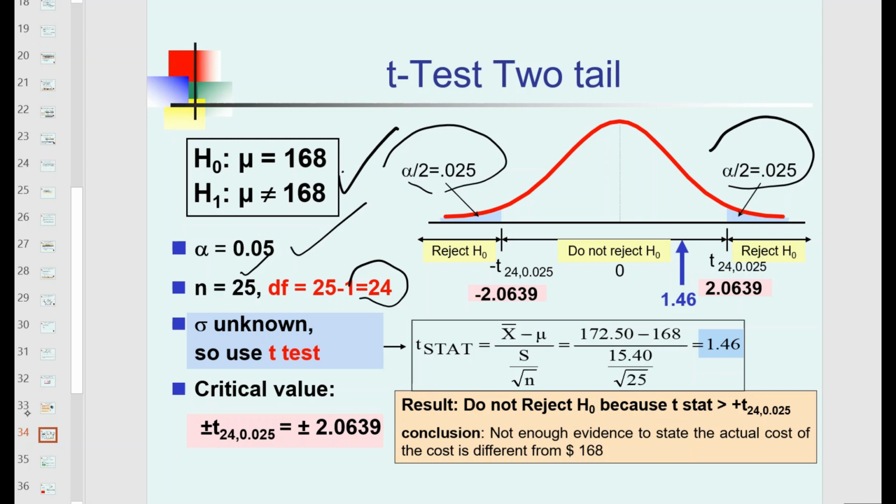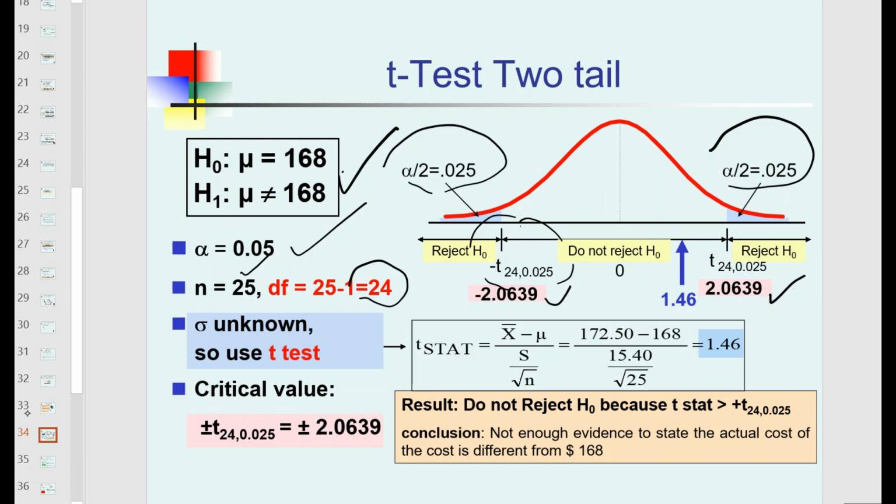How do you get this? This is the critical value that you get from your T table. This is your df, this is your alpha, so you can refer to the T table and you should be getting this value. I'll skip the explanation on how to read from the T table because this was learned in the previous lecture.